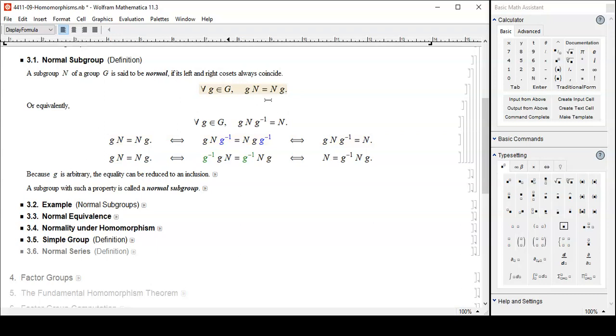Ultimately, it all boils down to this. Now, our textbook author generally prefers this, and I'll do the same. But if I encounter some situation where this is more convenient, then I'm going to use this one too. It depends upon which one is more convenient. You've got to know both.